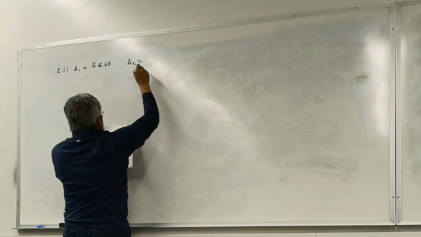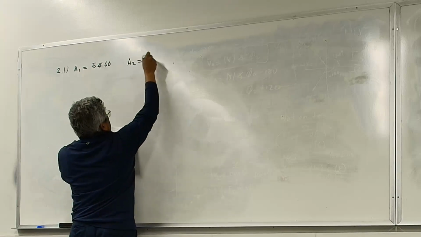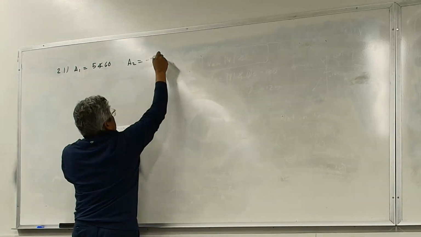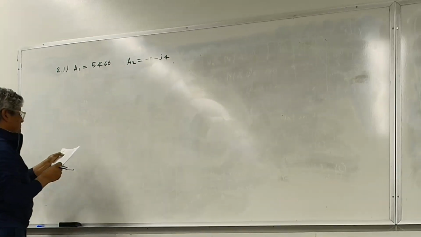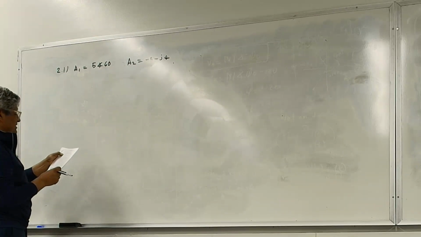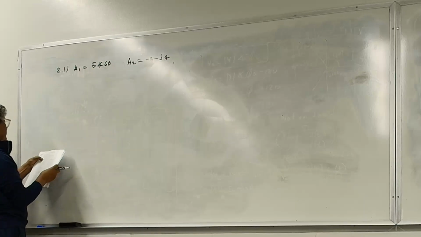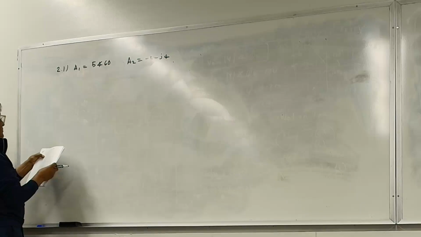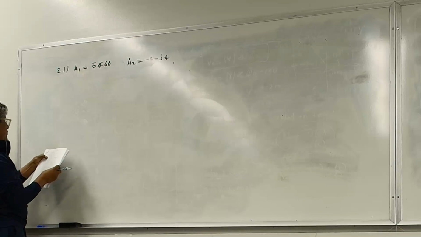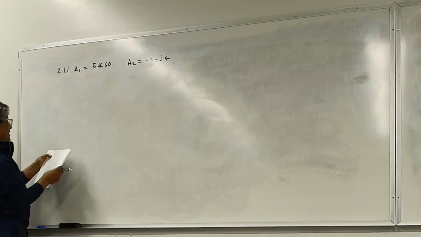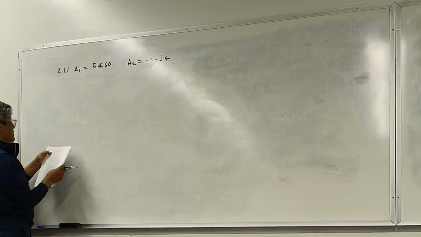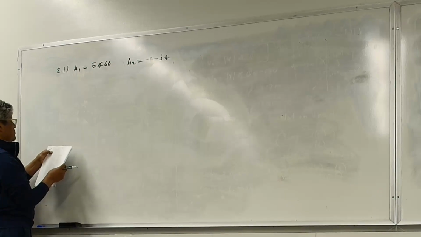A2 was equal to minus 3 minus j4. The first one, I believe, is to add. Oh no, to convert to rectangular form. Convert A1 to rectangular form.